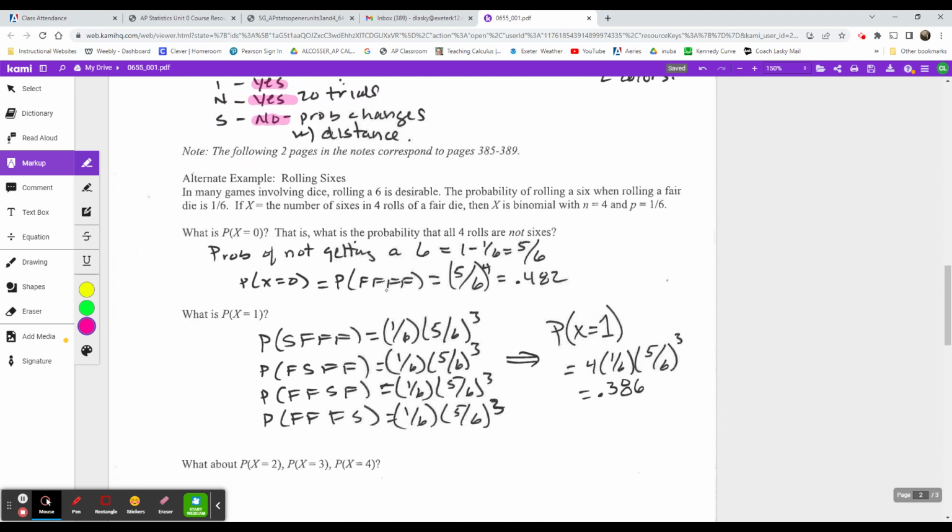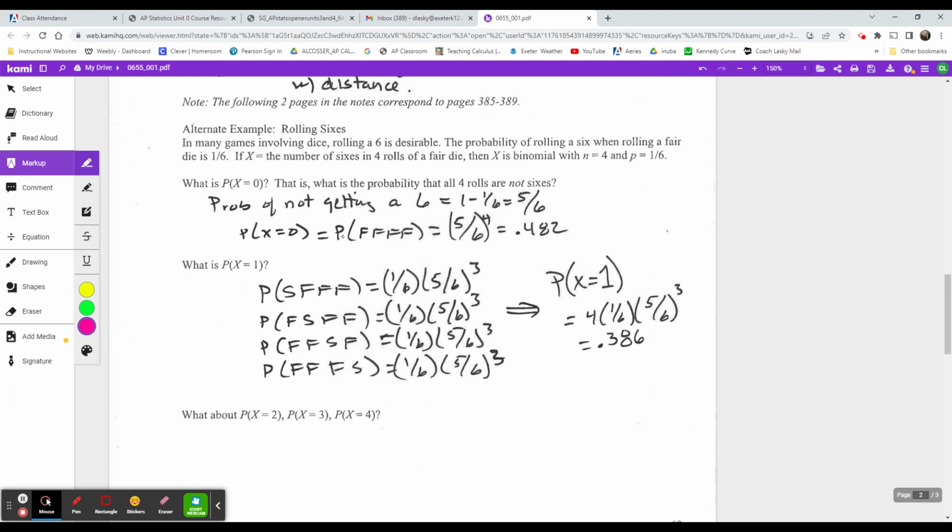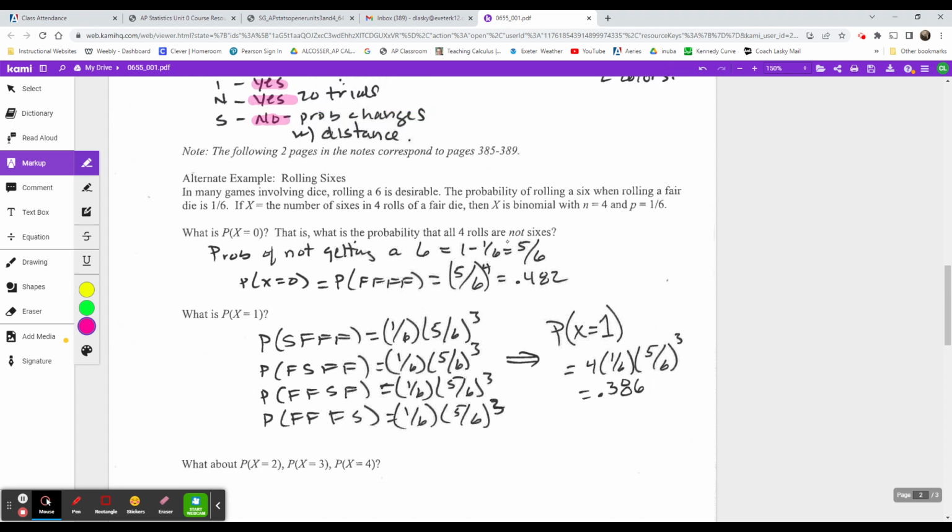All right. So here we go. We have the probability of getting a 6, which is 1 out of 6. The probability of not getting a 6 is 5 out of 6. So if I roll a dice once, I get 1 out of 6 probability.